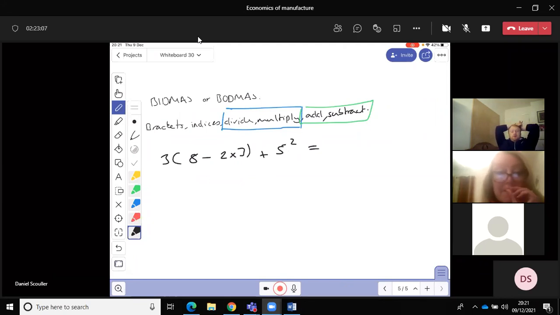There's a lot of different things going on, but essentially what it tells you to do is start with that bracket. The problem is we've got a multiplication in that bracket, so we need to effectively restart our thinking. So we've got 8 minus 2 times 3. That 2 times 3 we need to start with and tidy up. So we've got 3 bracket 6 plus 5 squared.